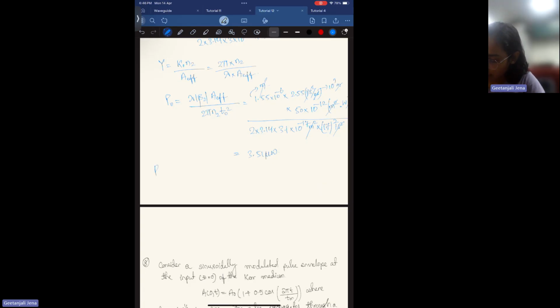Now for the pulse energy, we just need to take the integration. So E pulse will be the integration of P(t) dt. P(t) you can write as P0 sech of t over T0 dt.